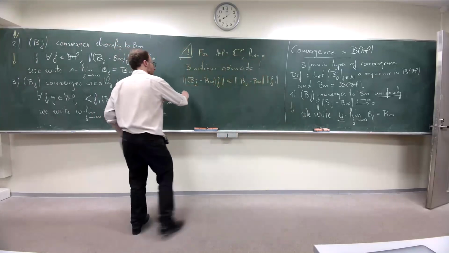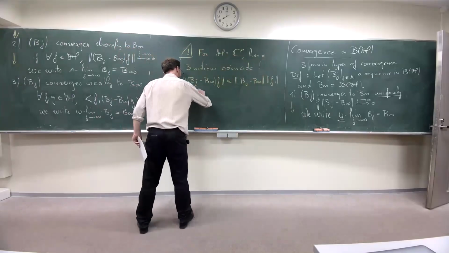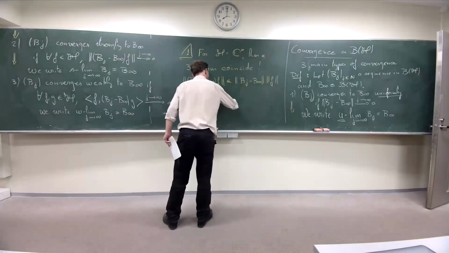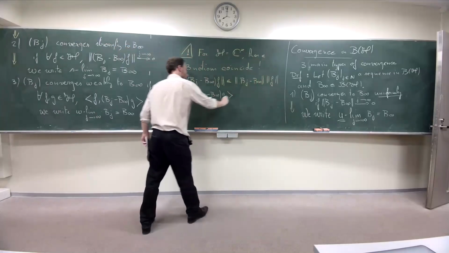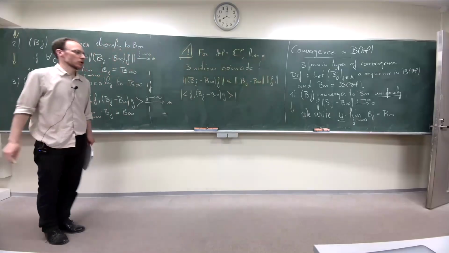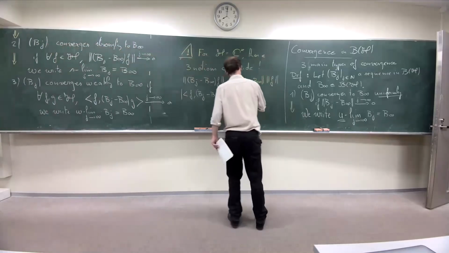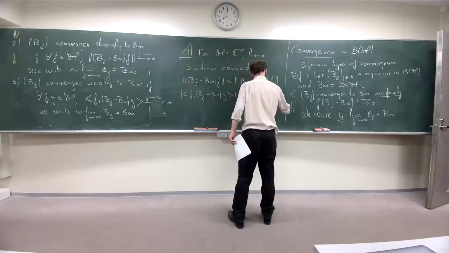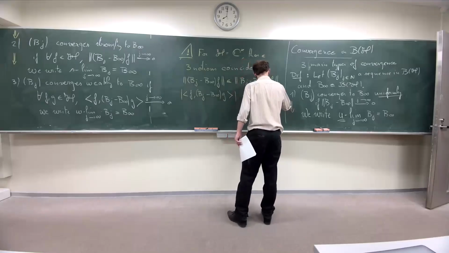And the same if you take f, Bj minus B infinity on g, you want to compute this, but you know that this is smaller than norm of f times norm of Bj minus B infinity.